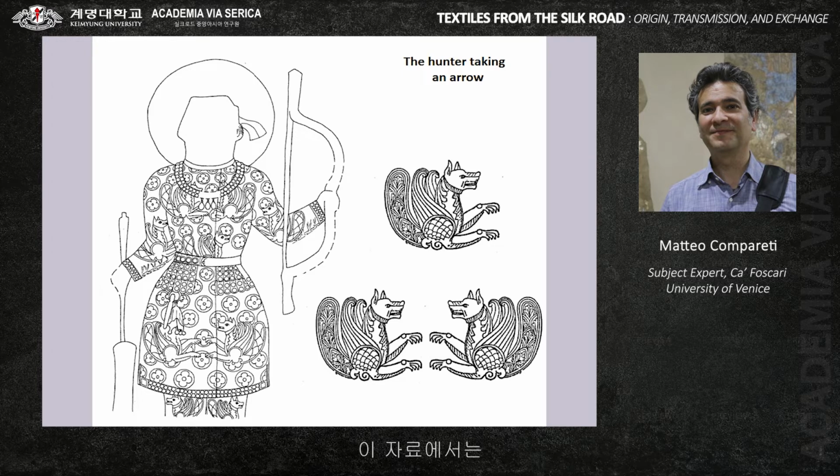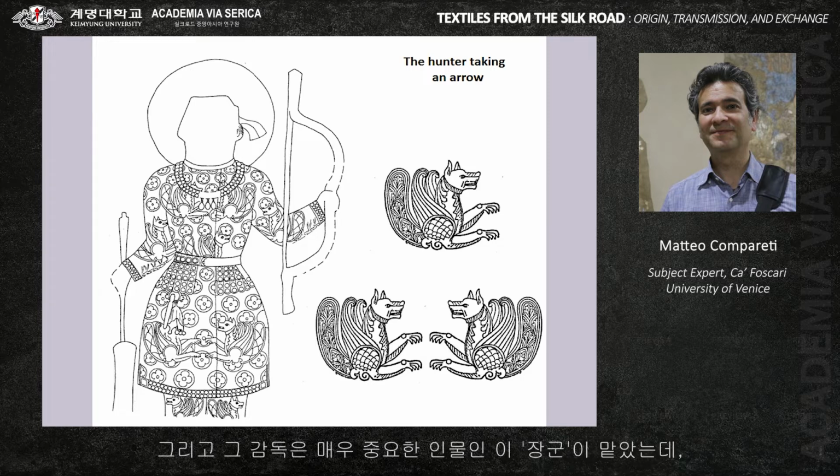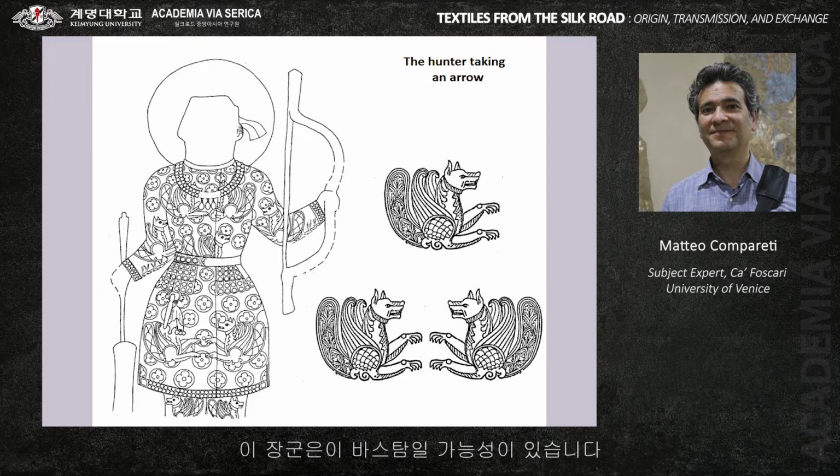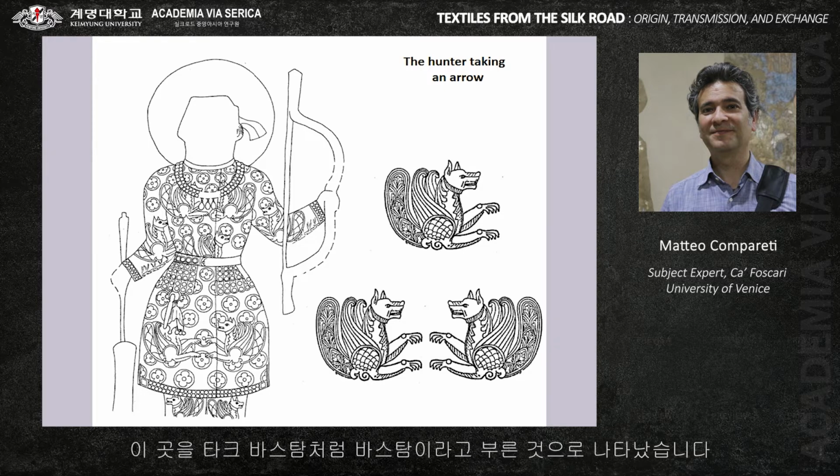So in this source, it's said that the place in this village identified with Taq-e Bostan or Taki Bastam was started by Khosrow II and supervised by this general, this very important person. And this person could be Bastam himself. Exactly like for some people, legends, local legends, some written sources, the place was called Bastam, like Taki Bastam.